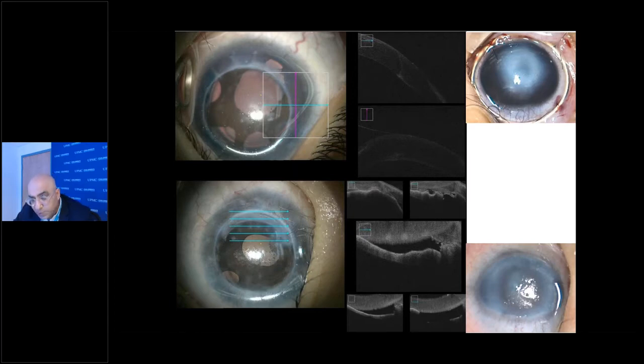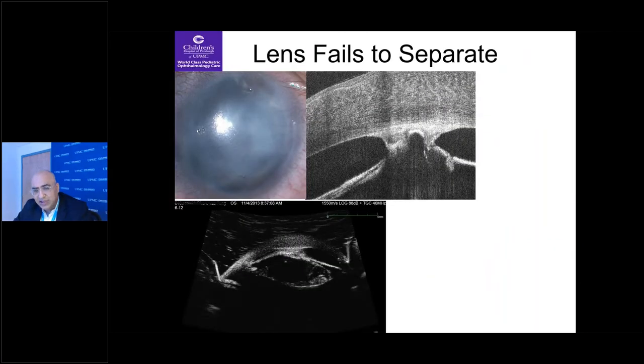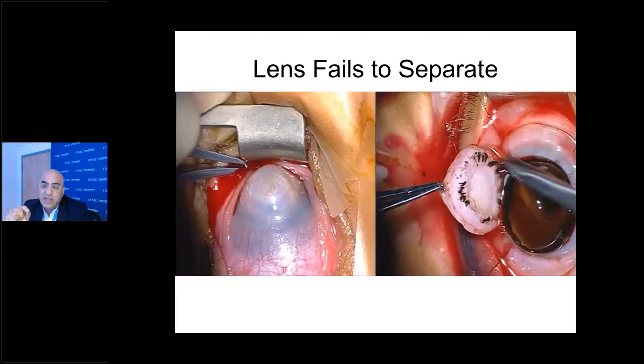The prognosis when only the iris is attached is much better than when the lens is attached, because there is a fundamental abnormality in the development of the eye. And it's not a surprise that in the development of the eye, if one part of the eye doesn't develop properly, it has a knock-on effect on other parts of the eye.